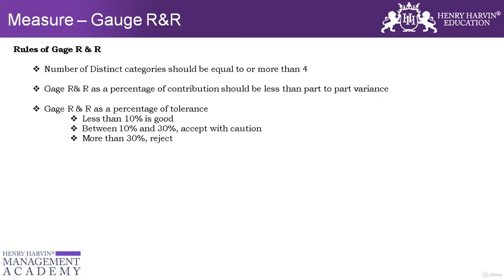It's just that we need to remember the 3 rules and look at them once a gauge RNR is calculated. And third, the gauge RNR tolerance percentage should be between 10 to 30%. If it is greater than 30%, I will not accept the gauge. I will say that my measurement system is not good to go.